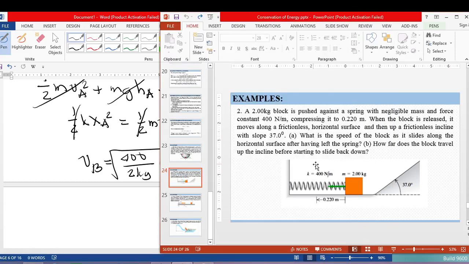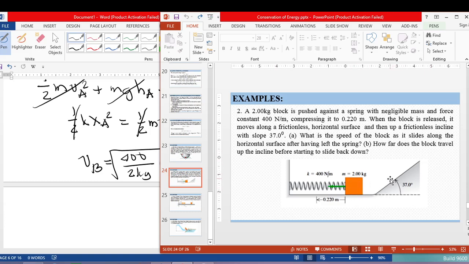Okay, so next is how far does the block travel up the incline before starting to slide back down? So meaning, what is the maximum height na-reach ni block, ni mass m, sa slope.